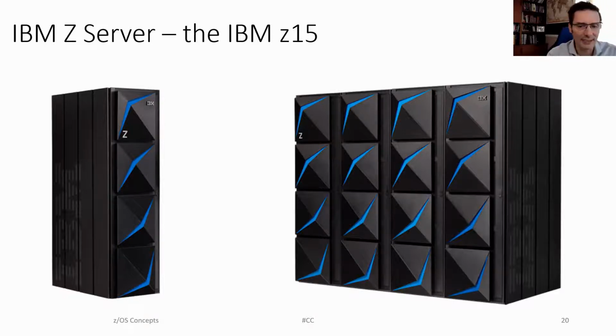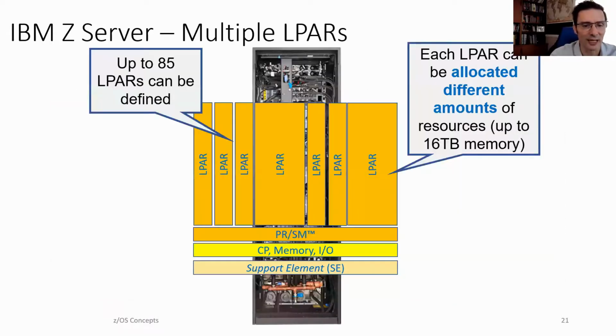So if we peel back the onion and look inside these mainframes, we have lots of stuff going on here. But one of the important things is this concept of a logical partition, or an LPAR. And these LPARs are a way of being able to allocate memory, CPU, and I/O resources to a subset of the total capacity of the machine.